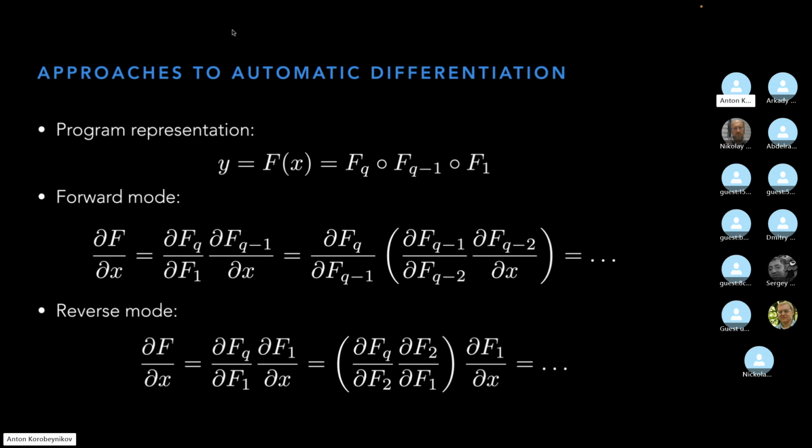I would not boil down into the more mathematical details, but from the mathematical standpoint, our program is just the composition of many functions, right? And we all know that in order to compute the gradient of the composition of functions, we need to use the chain rule.